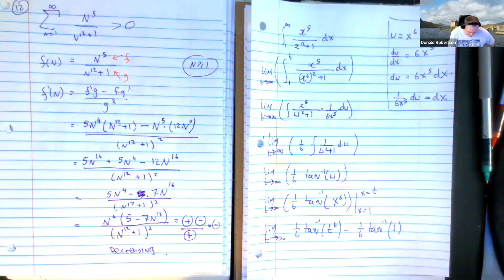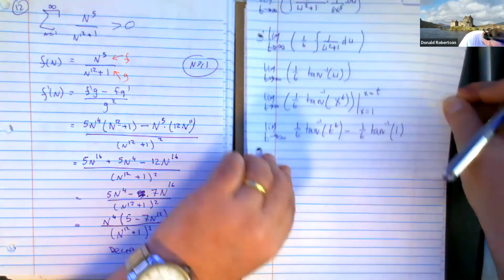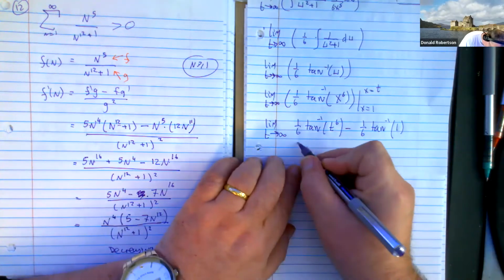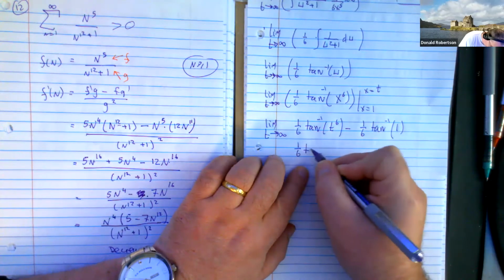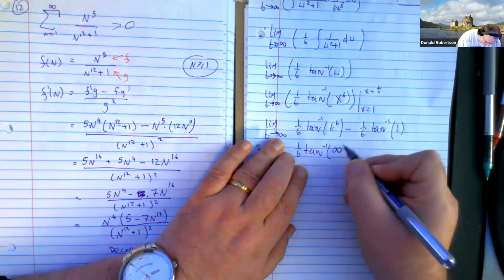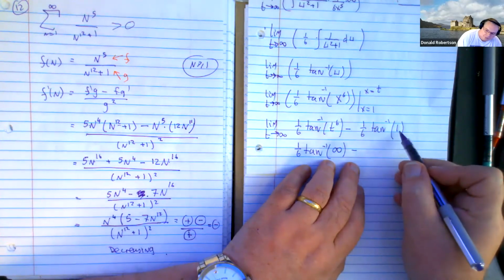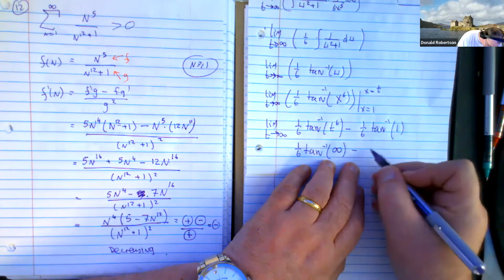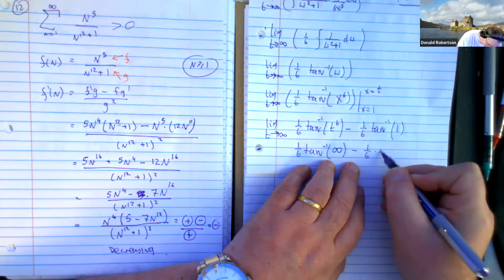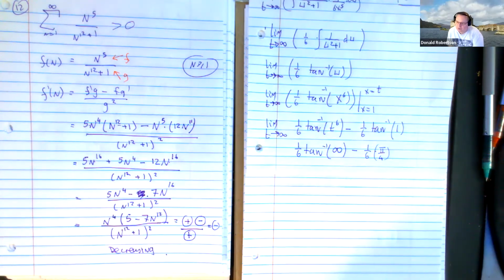Now the next bit is to find out what happens when t goes infinite. I'm going to do brute force. It's going to be 1/6 the inverse tan of infinity to the power of 6, which is still infinite, take away the angle that gives you a tangent of 1, which is pi upon 4. So this is basically 1/6 of pi upon 4. You okay with the inverse tan of 1 being pi upon 4?